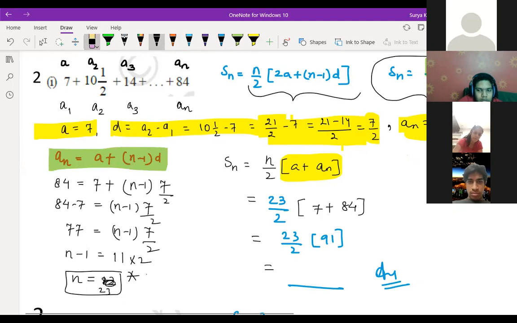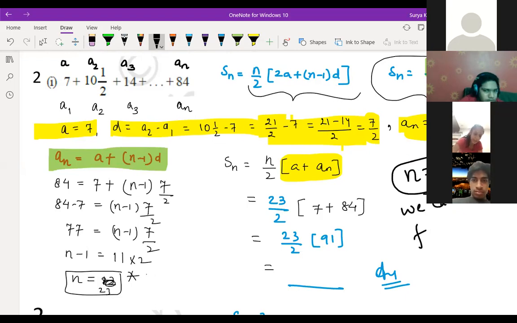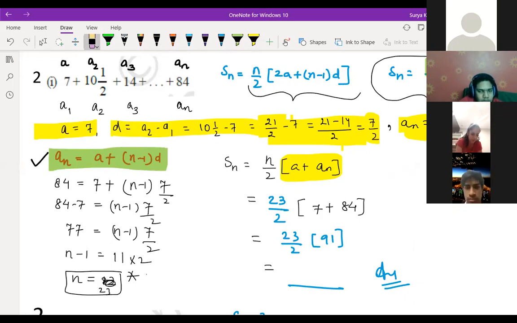Is it clear, children? The first one is you have to find n by the help of the general formula. That is an is equal to a plus n minus 1 into d.